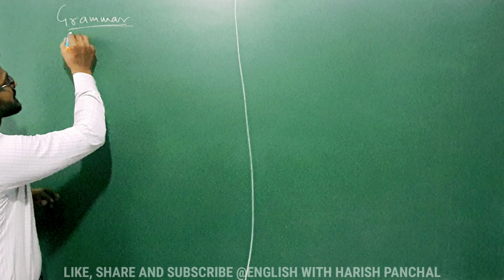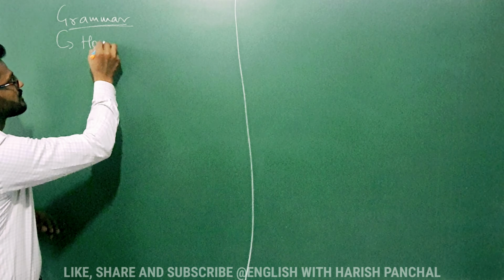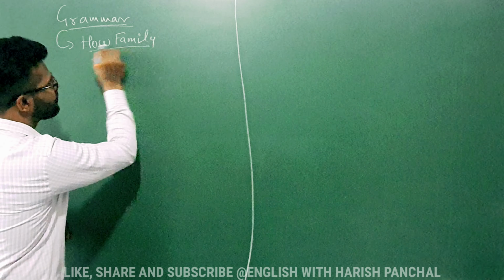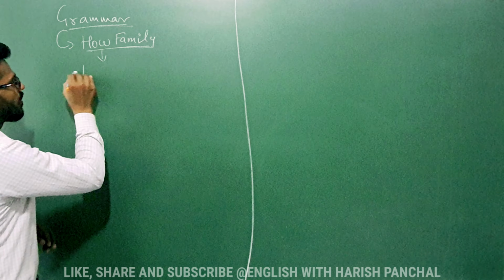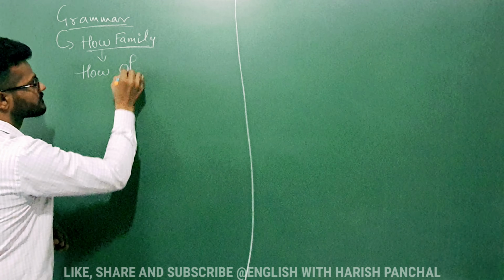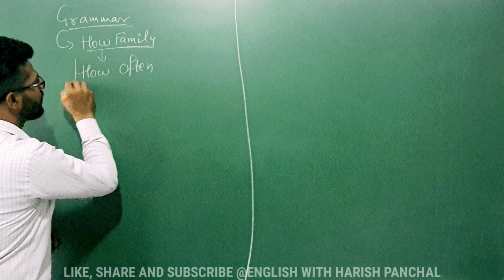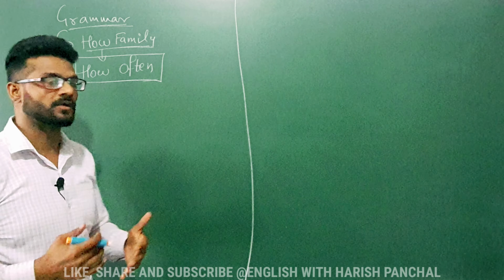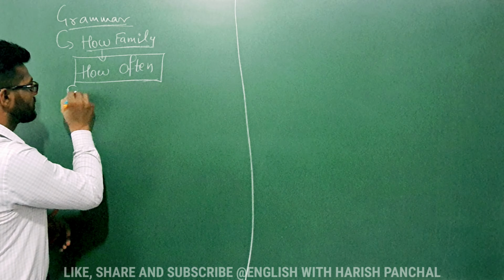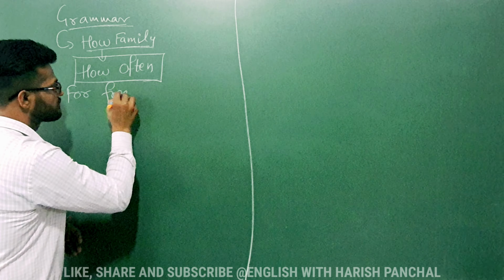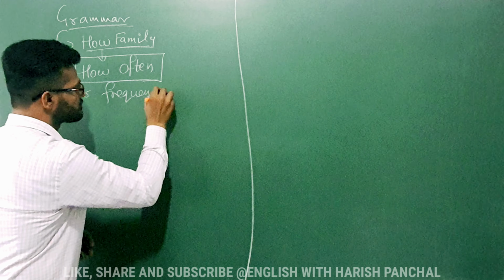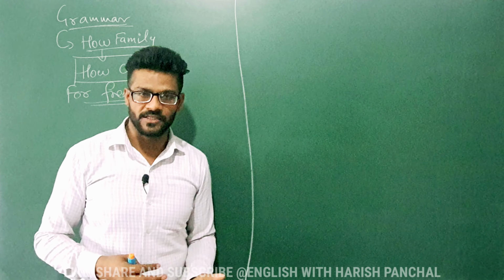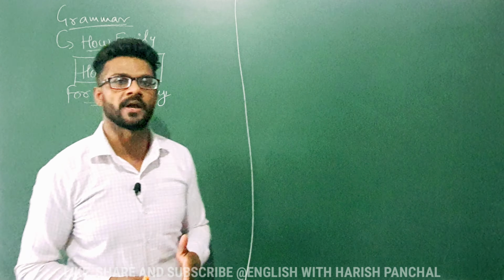Today we are going to discuss the next part of the how family, that is how often. Why do we use how often? We use how often for frequency, means how frequently you do any action or how frequently you perform any action.